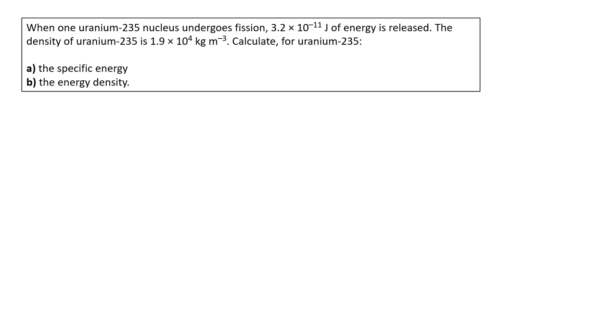No, sir, I'm not getting this answer. Okay, just let me explain. First, the specific energy is equal to the energy released divided by the mass in kgs. It is given that you have one uranium 235 and it releases 3.2 into 10 to the power minus 11 joules of energy.